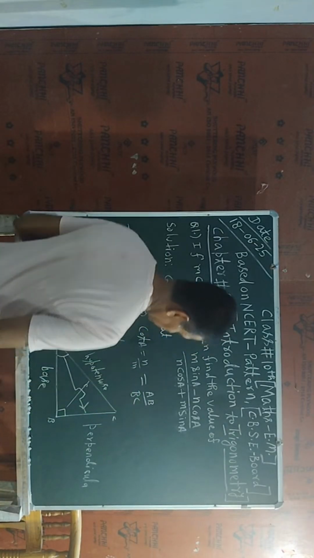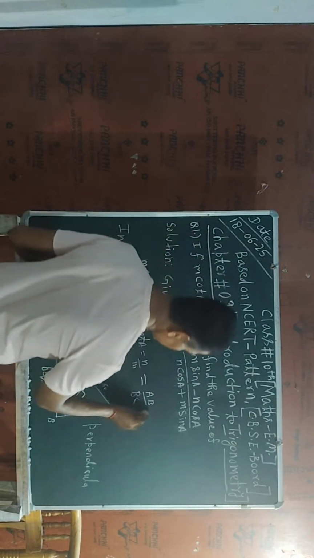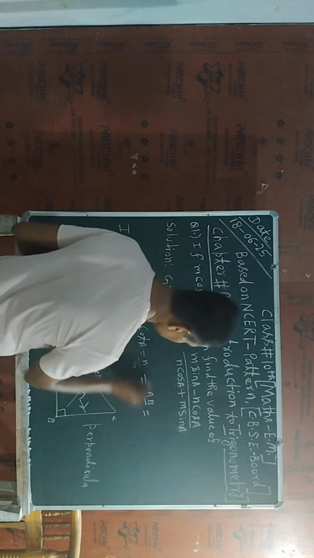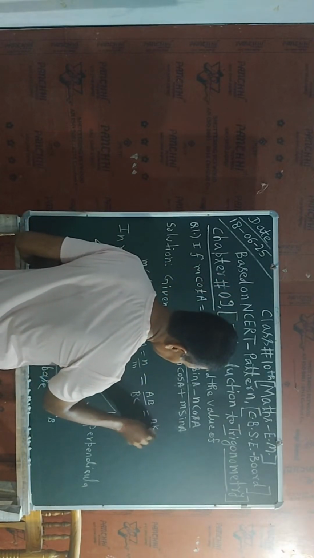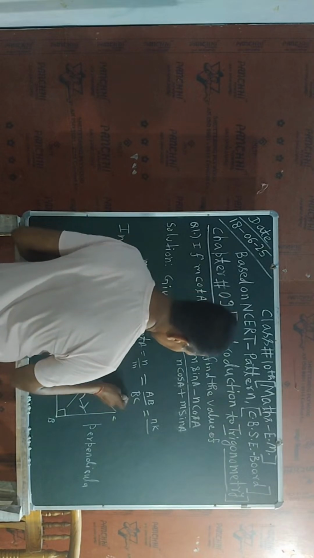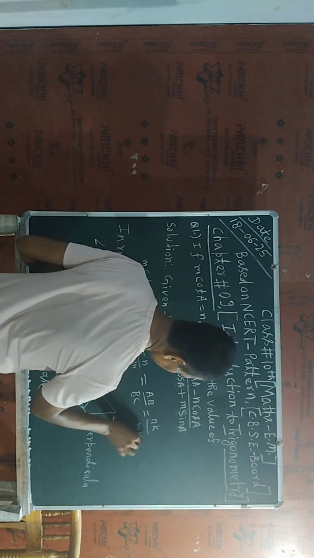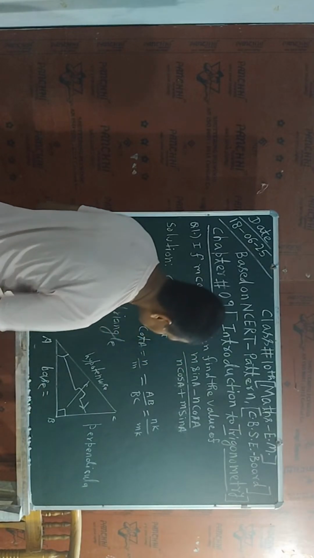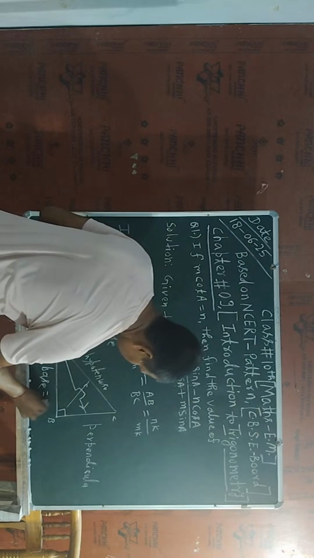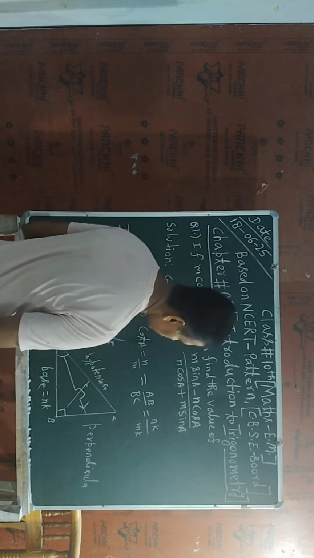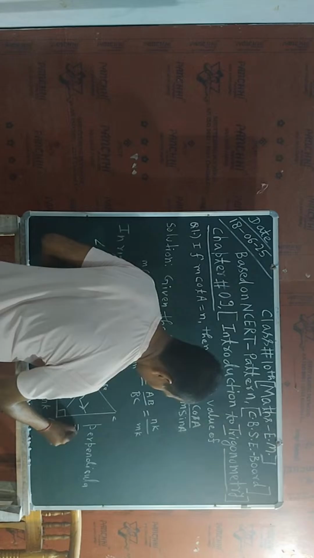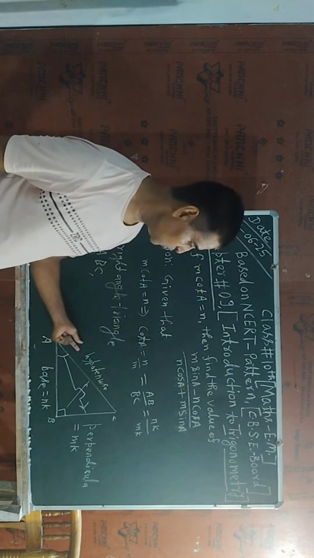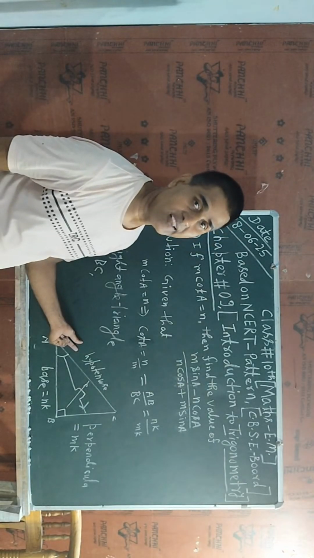So the value of AB is n and the value of BC is m. Base will be n and perpendicular will be m. So I will get the hypotenuse value.